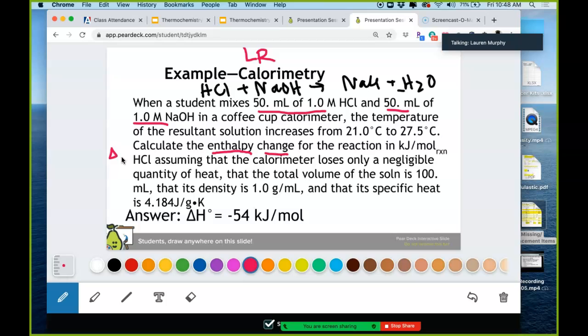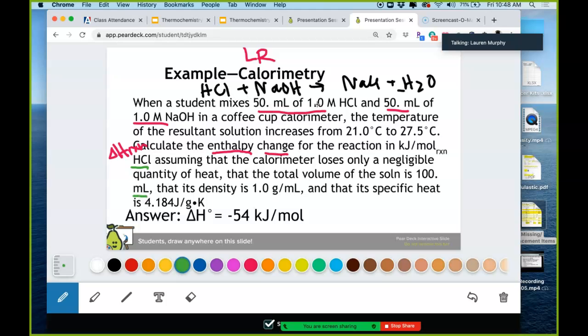So we're calculating delta H of the reaction, in kilojoules per mole, and then they specifically tell you for HCl, okay? And we're gonna pretend that the coffee cup doesn't absorb or lose heat, and then they give you a bunch of other information. The total volume of the solution is 100 milliliters, right?